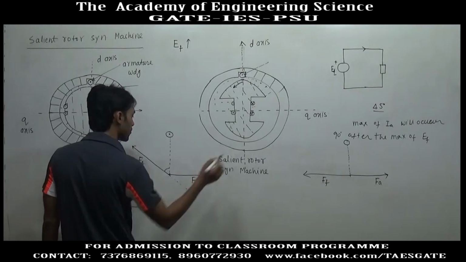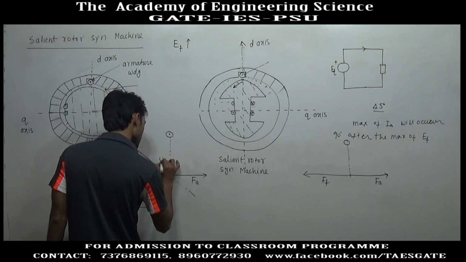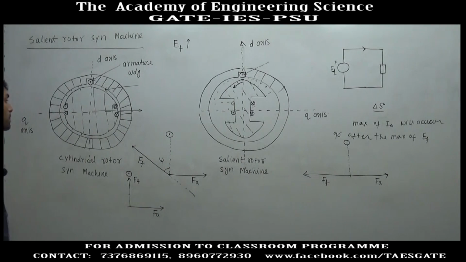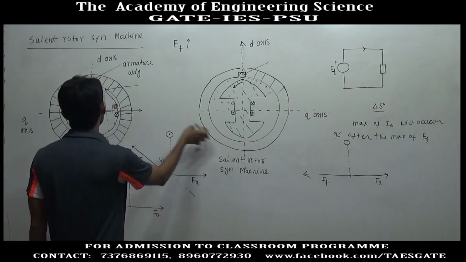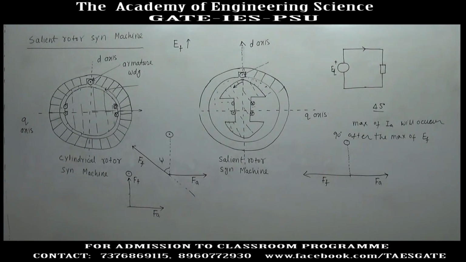This angle is, instead of 45 degrees, we will take as psi, the internal power factor angle. So, up to here the analysis is the same for the salient type machine and the cylindrical type machine.